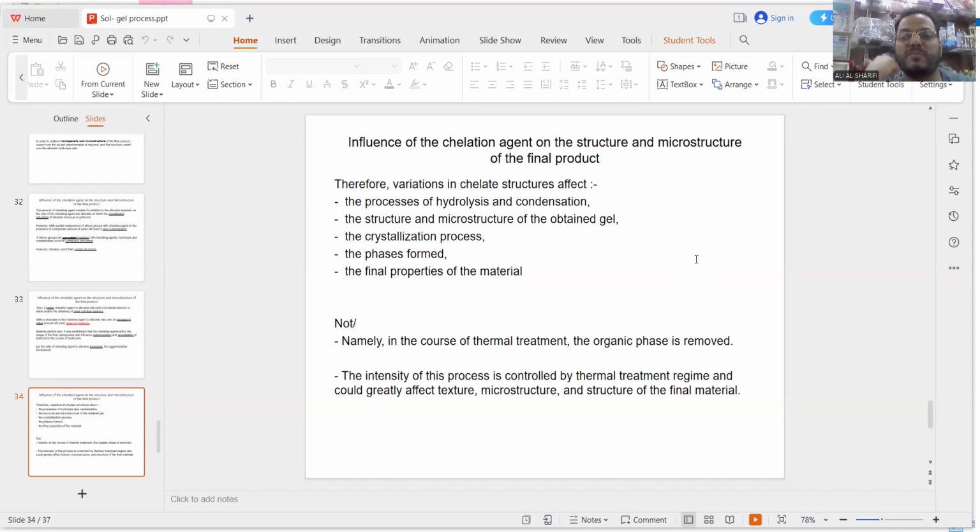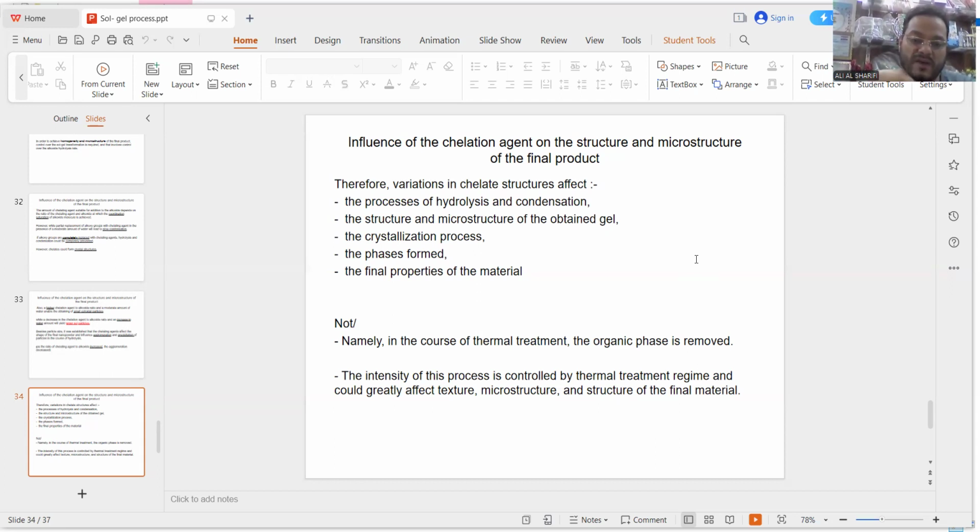The structure and microstructure of the obtained gel is very important to my topic. The crystallization process, let me not forget it, the phase formed, and the final properties of the material.